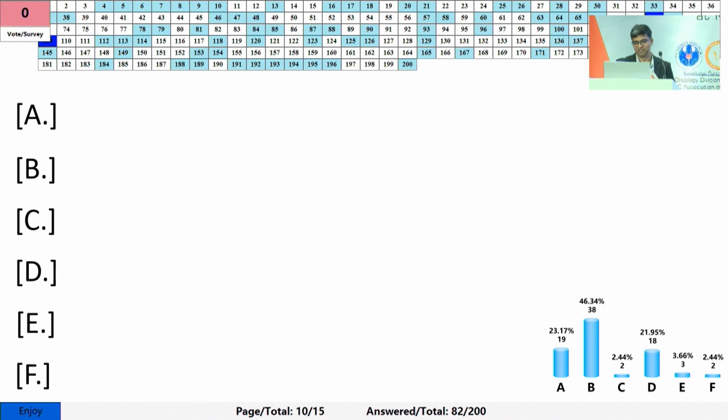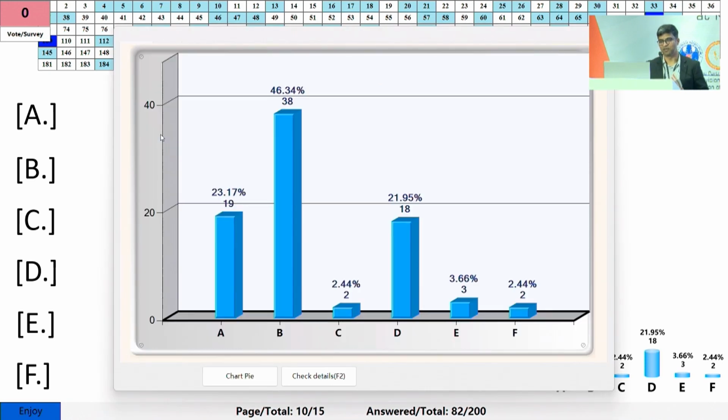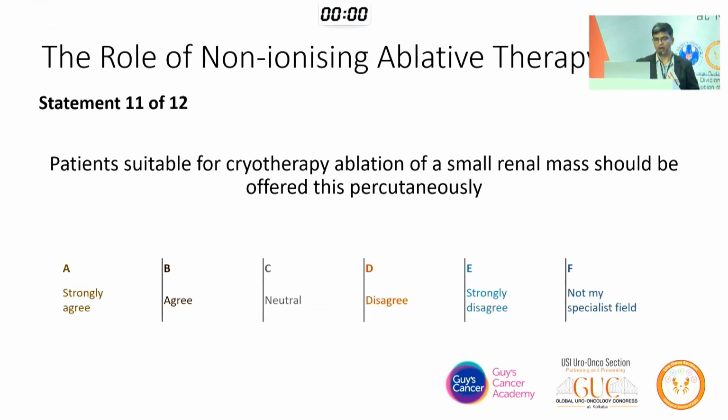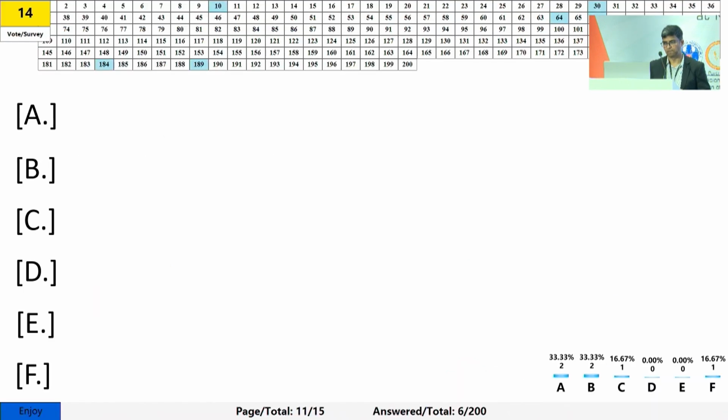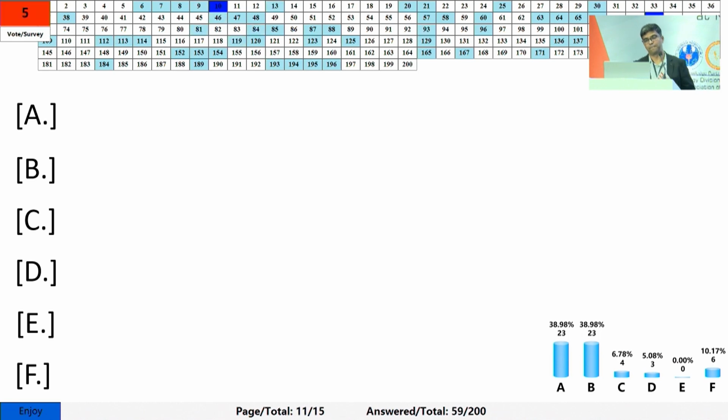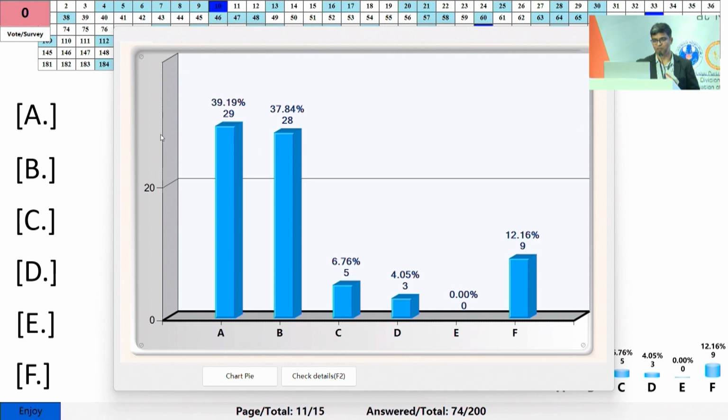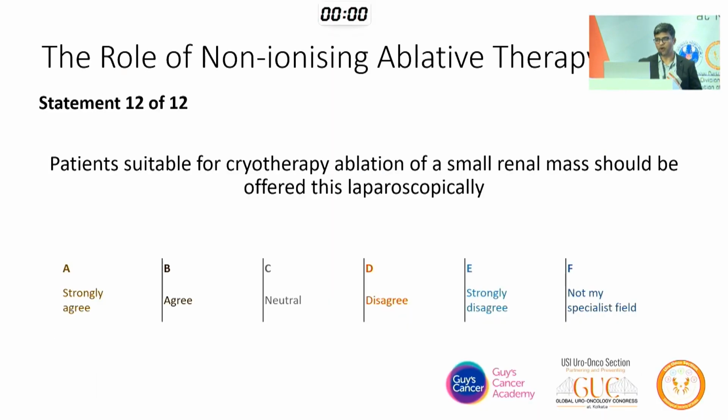Next, patients suitable for cryotherapy ablation for small renal masses should be offered this percutaneously. Next, patients suitable for cryotherapy ablation of small renal masses should be offered this laparoscopically.